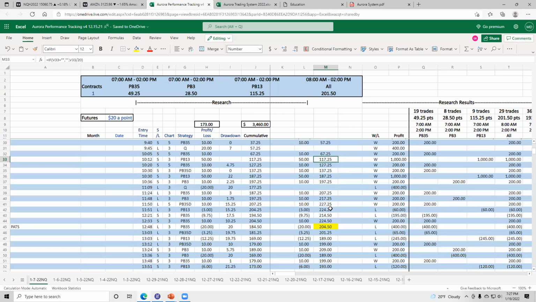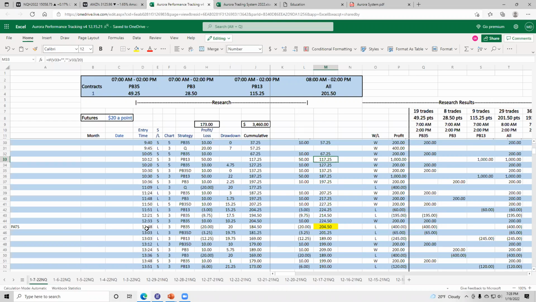That means I'm willing to let it drift back to 207, got to 214, 224, and then boom, we ended up at 204, which was slightly less than the 20 points off of my highest level, but that's the way the trade worked out. So my stopping point on January 7th was my PATS stopping point, which was at 1248.